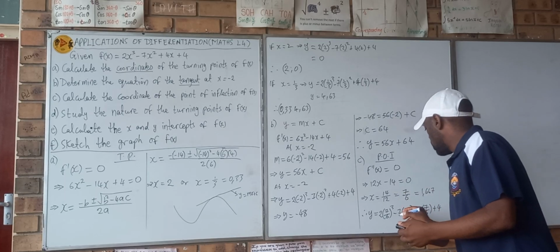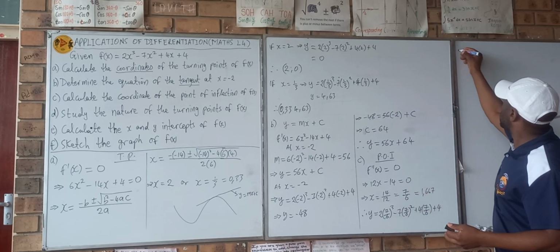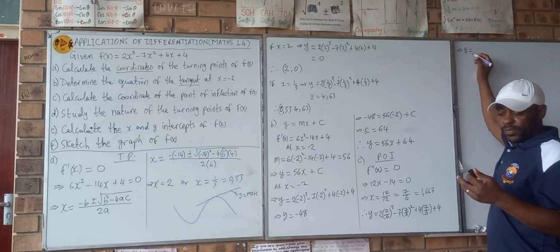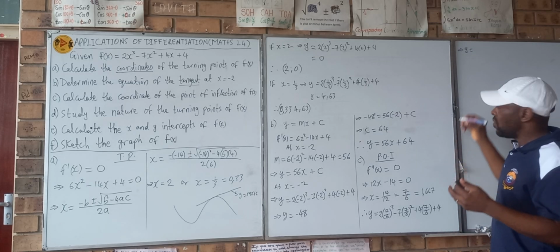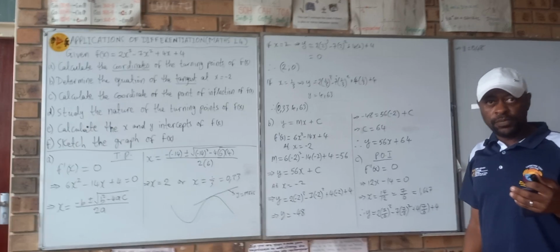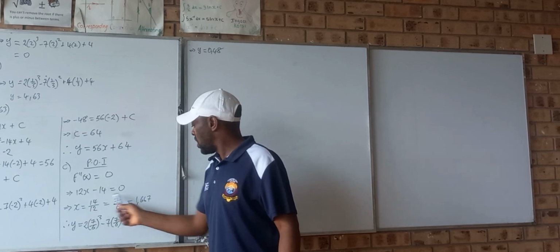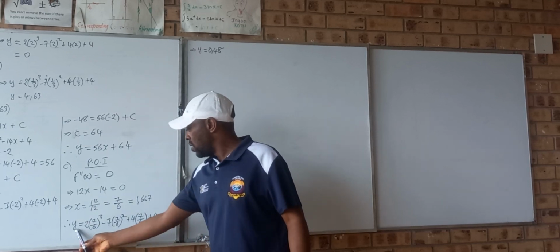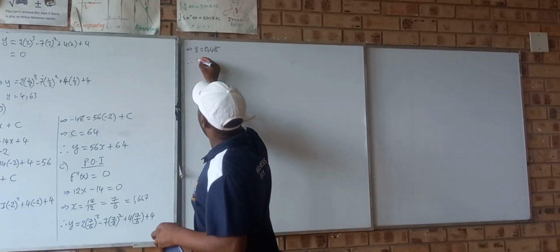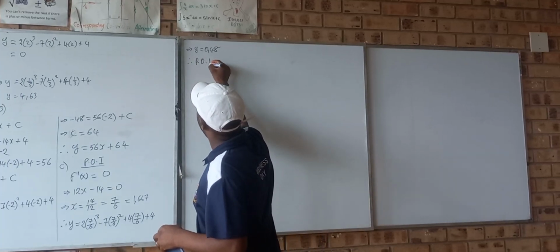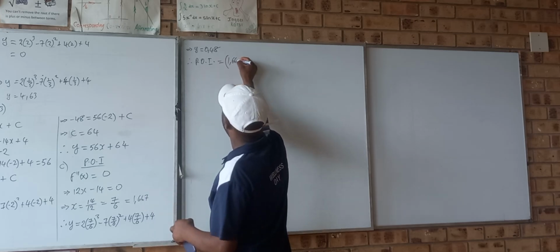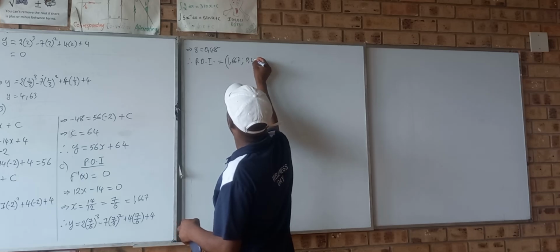That gives me y as 0.481. Each time we need the y value, we must substitute the x value back into the original function, which I've done now there, and I'm seeing my y. So therefore, my point of inflection corresponds to the x value, which is 1.667, going with 0.481.